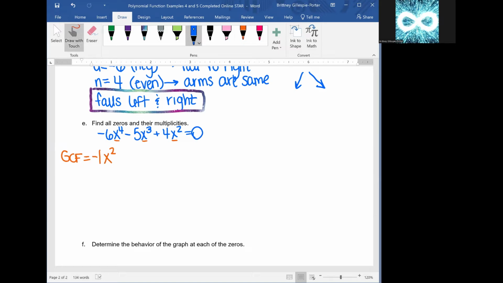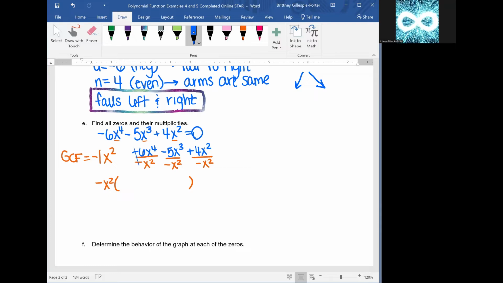We're going to factor out the GCF, and if you don't remember factoring the GCF, we are essentially going to take each of our terms and divide by the GCF we're taking out. I'm shorthanding, instead of writing negative 1x squared, I'm writing negative x squared. And the negative x squared comes out in front of the parentheses. Negative 6x to the fourth over negative x squared.